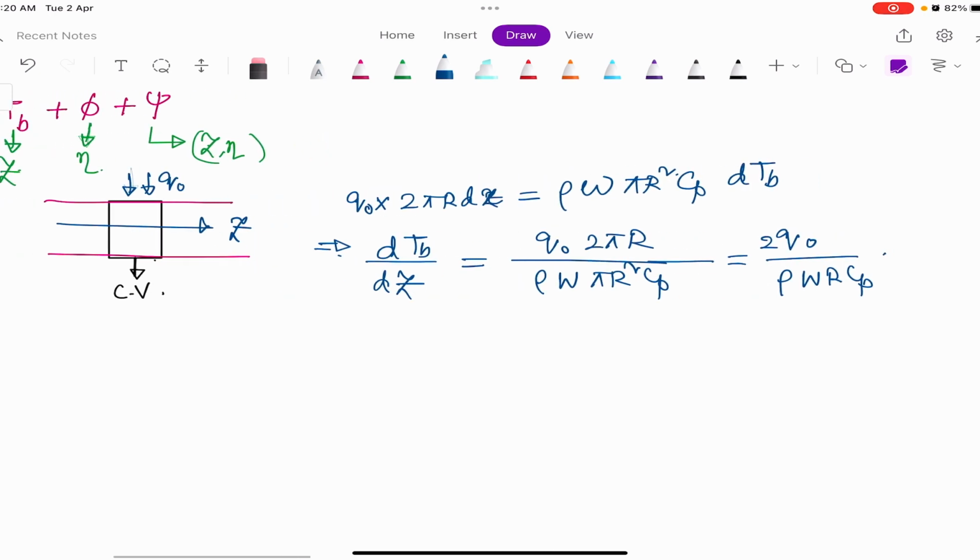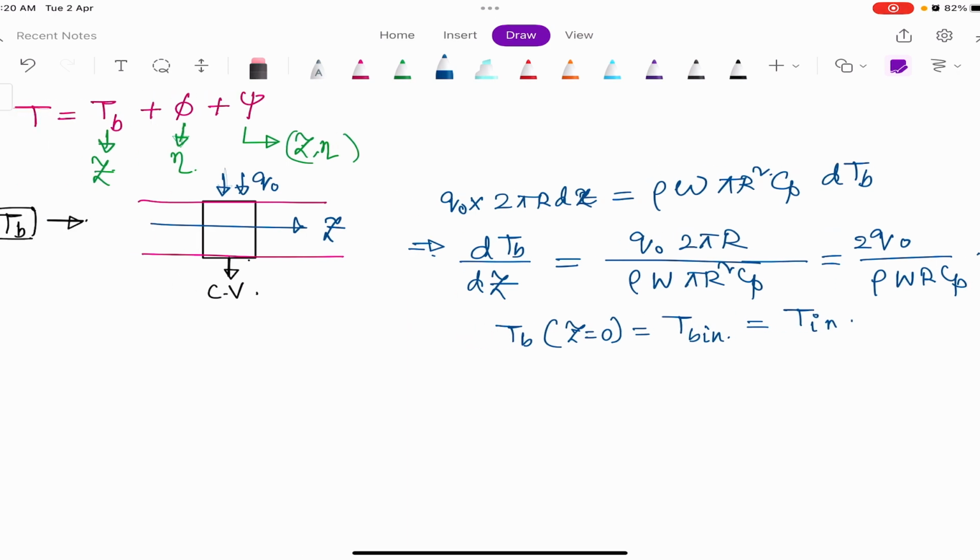This was the equation of Tb, and the boundary condition is Tb at z equal to 0 is equal to Tb in, and if it is the uniform temperature condition, then this is equal to T in.